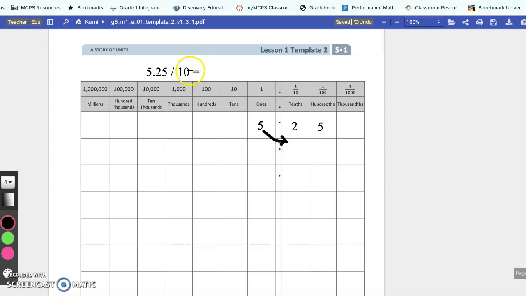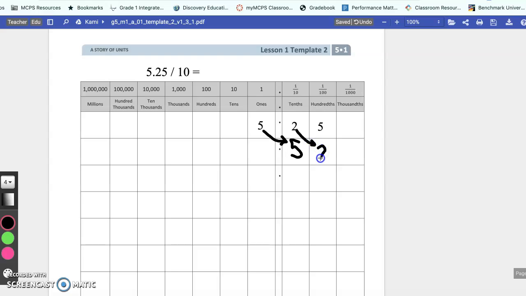And again, my zero strategy matches up here. 5 divided by 10 is 5 tenths. That 5 moves backwards one spot on my place value chart, from 5 ones to 5 tenths. Next, I have my 2 tenths. 2 tenths divided by 10 is 2 hundredths.